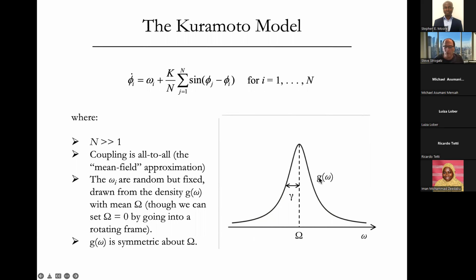He says it has a density, which he calls G of omega. He thinks of it for simplicity as being symmetrical and bell-shaped, sort of Gaussian looking. Again, for simplicity, he's always making the simplest choice he can think of to deal with this really hard, large dimensional, nonlinear dynamical system.